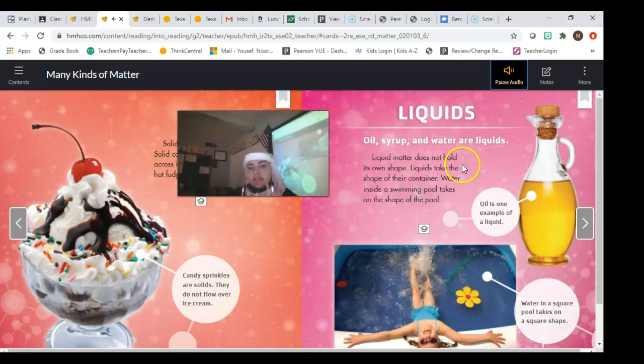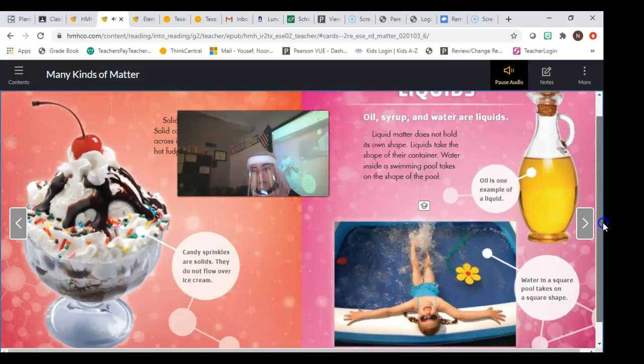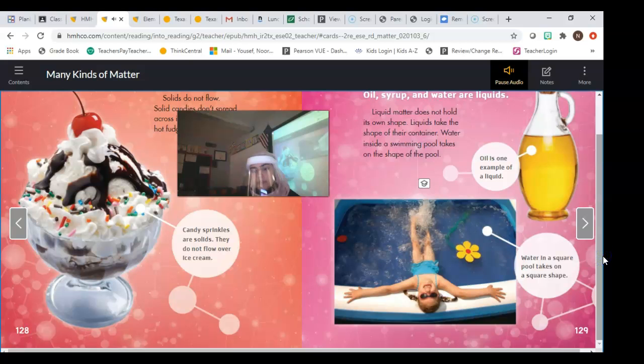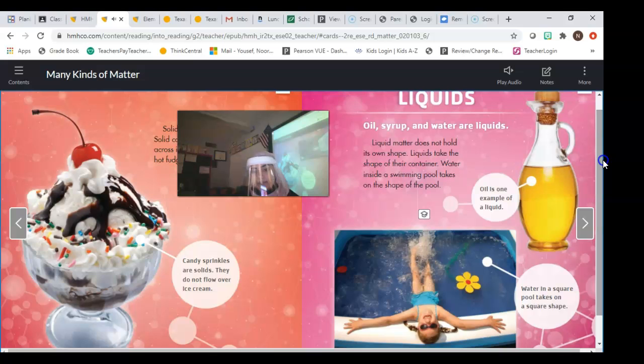Liquid matter does not hold its own shape. Liquids take the shape of their container. Water inside a swimming pool takes on the shape of the pool. Oil is one example of a liquid. Water in a square pool takes on a square shape. Right? So oil is an example of a liquid, and water is an example of a liquid.